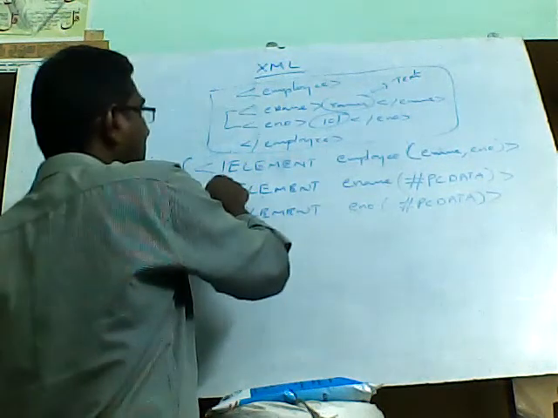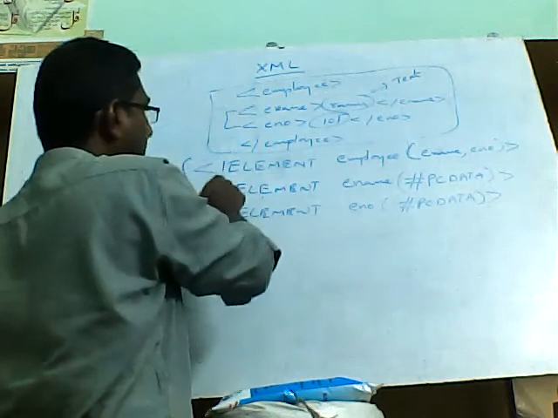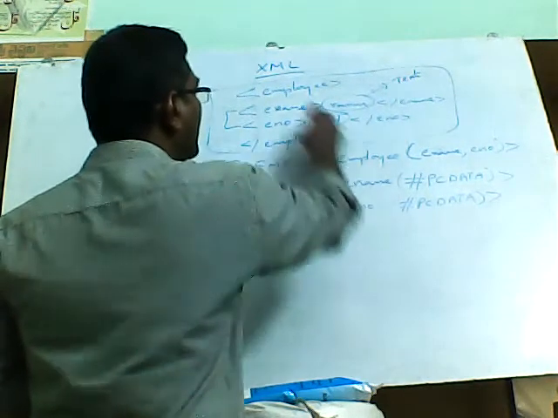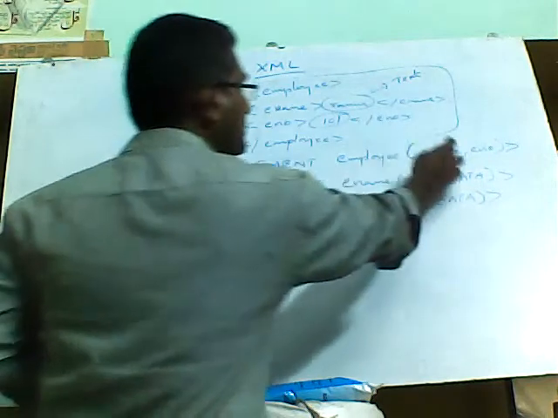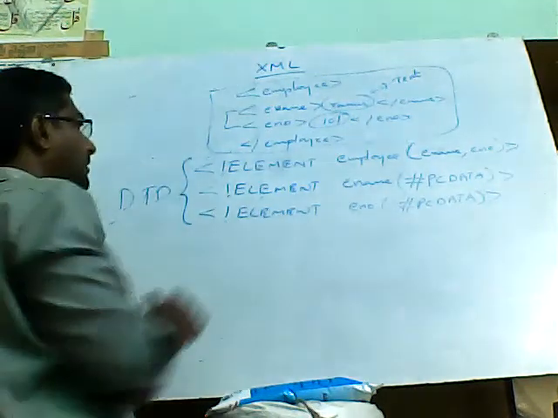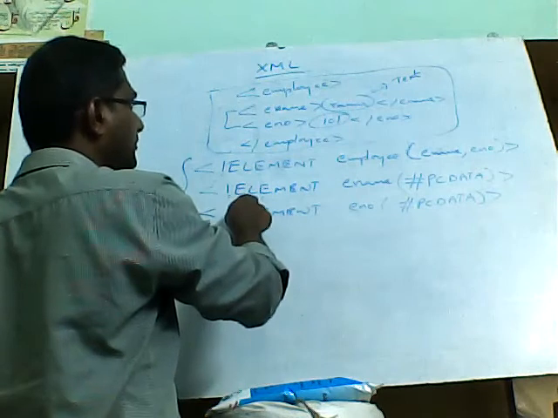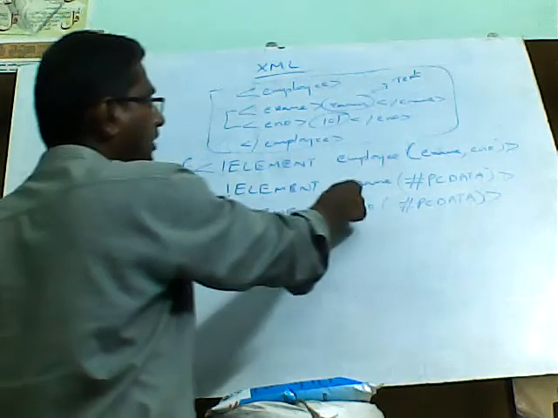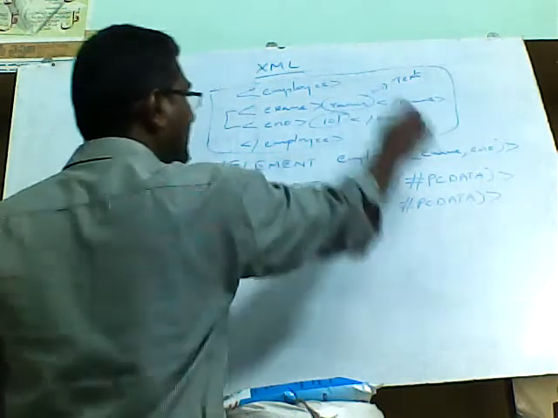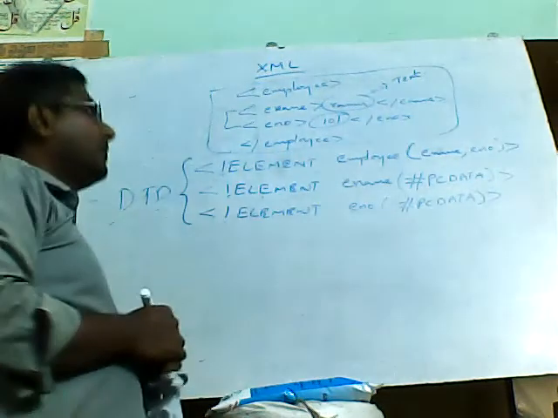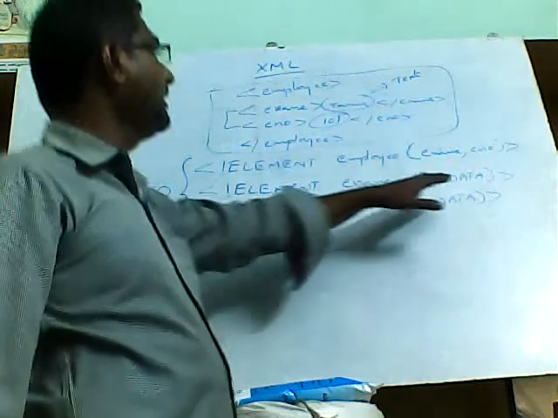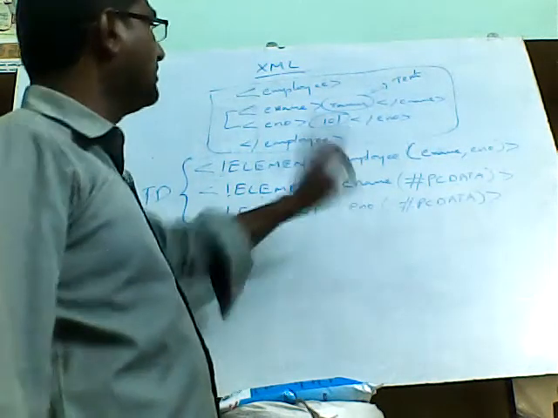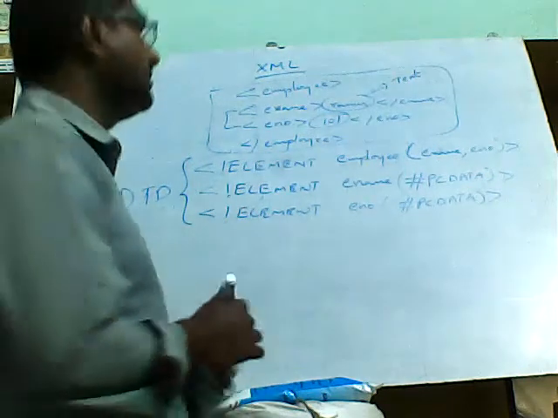So what is the syntax here for the root element? Less than exclamatory mark followed by element. So the root element is employee. Under the root element we have two child elements. Those names we are writing here. And after that, to describe the child elements, element followed by name and whatever the data, that will be treated as PCDATA. Okay, right? Text data, parsable character data. So here in DTD, we are using one data type.